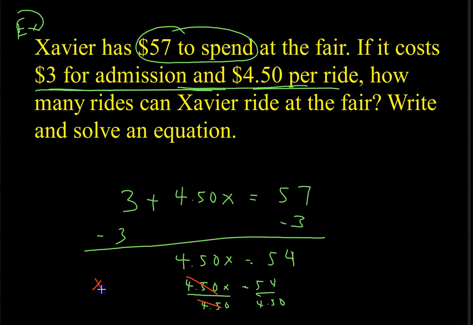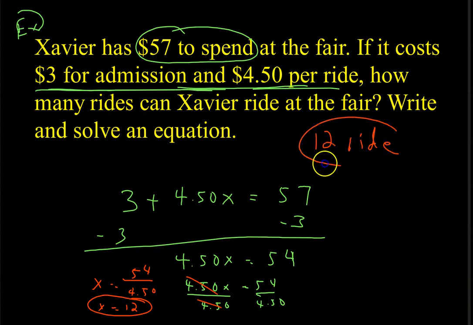So I get x equals 54 divided by 4.50. I think that's 12. Pretty sure that's 12. You plug it in the calculator, that should be 12. That means he gets to ride 12 rides. All right, try one last one.